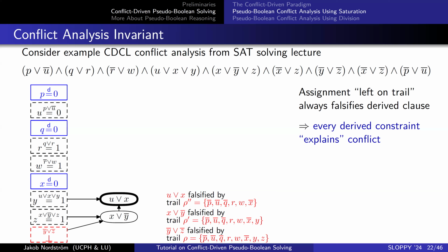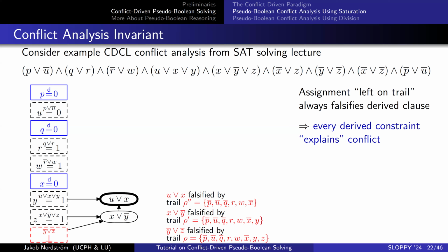I like this invariant because it's nice and easy to understand. As I'm doing my conflict analysis, removing assignments from the trail and making it smaller and smaller, I want to maintain the invariant that the current constraint is violated by my current partial assignment.